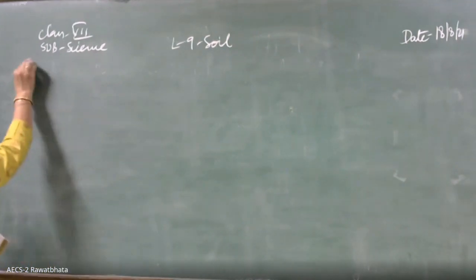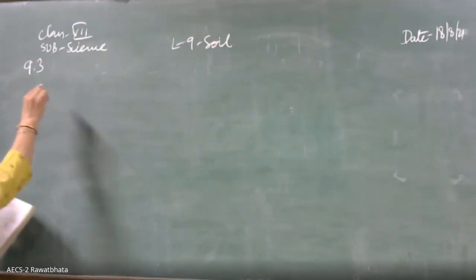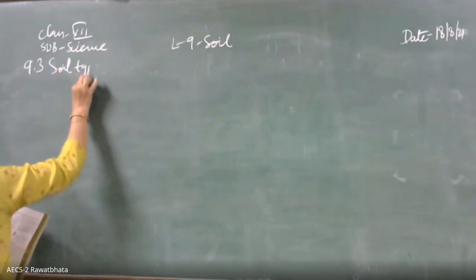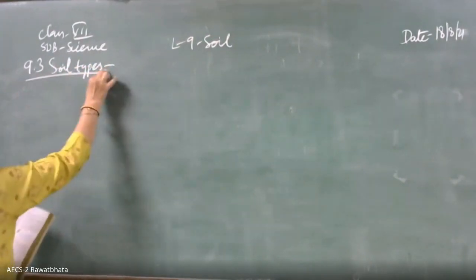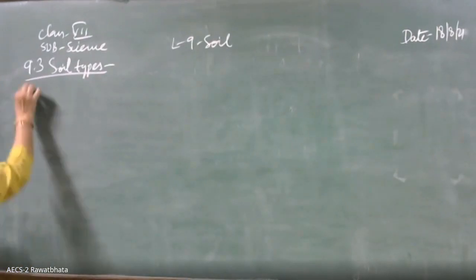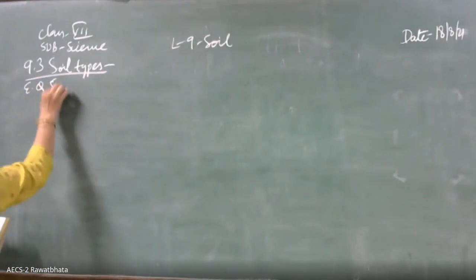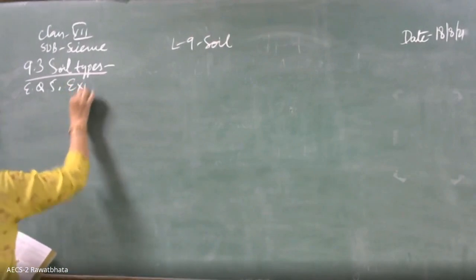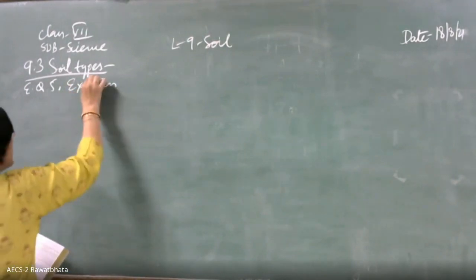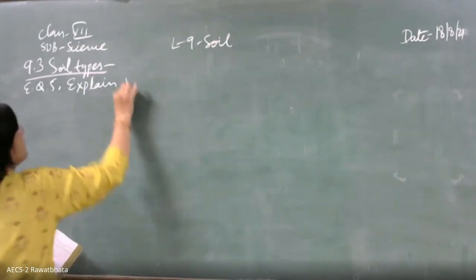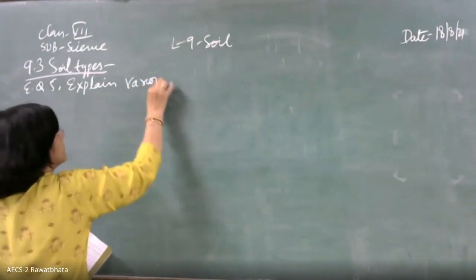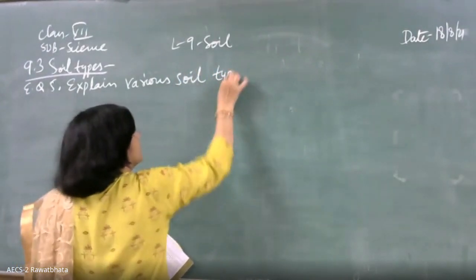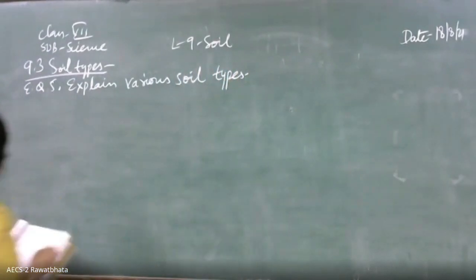This is heading number 9.3, soil types. And here we have our extra question 5 based on the explanation I did a moment ago: explain various soil types.